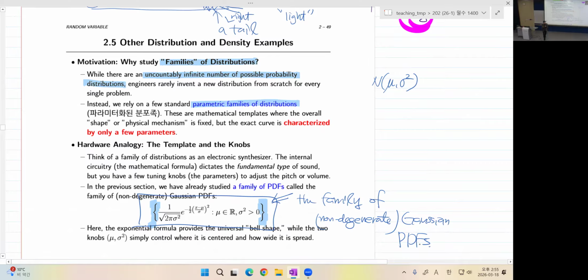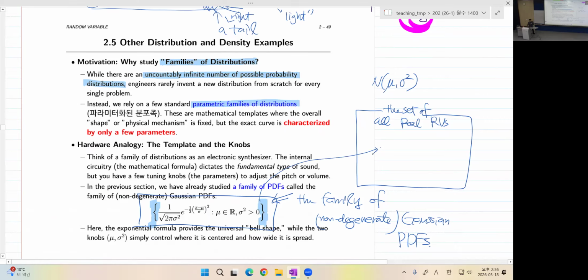Also, we may define different families. Why do we do that? Just let's consider the set of all real random variables. There are too many, right? If I just put a very, very small dot, this is actually this family.